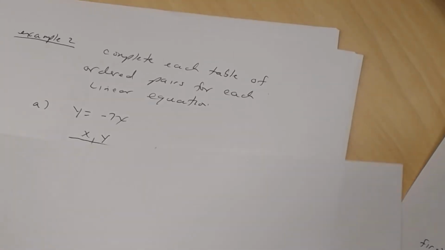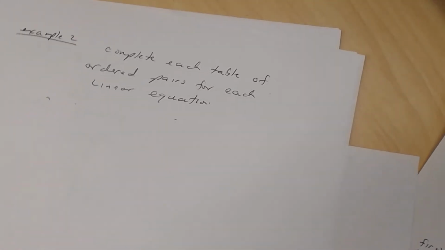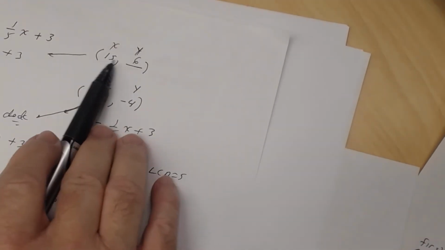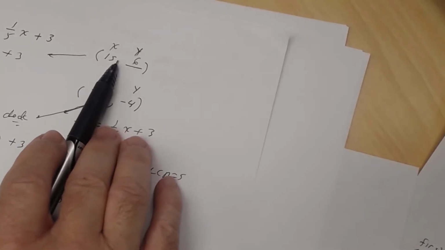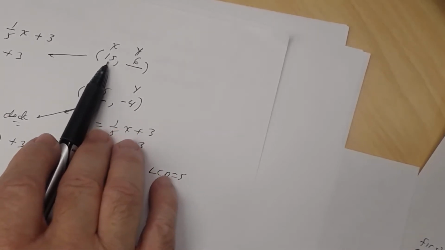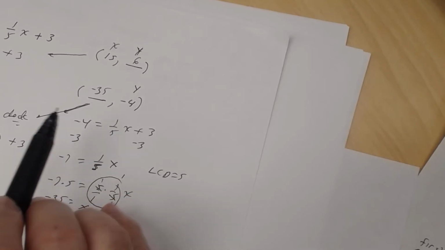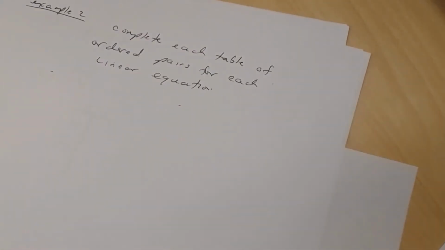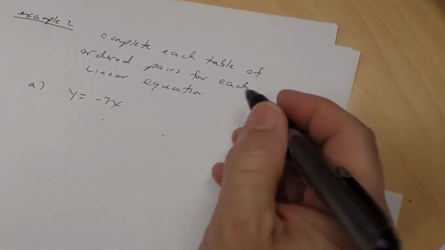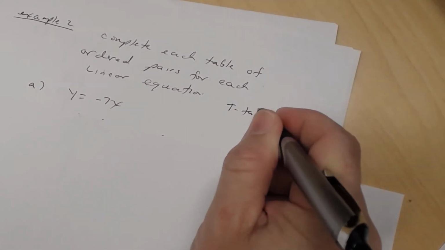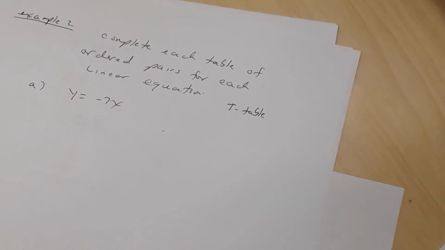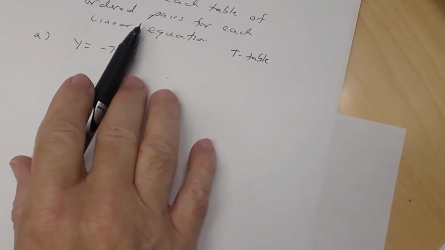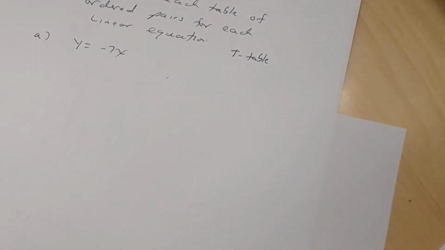Now, the other part, you see right here where you were finding solutions where it was listed as an ordered pair. Okay, so you're going to learn that you can also find the solutions by using a T-table. Just the word T-table. And you're kind of doing the same thing. So you want to complete each table of ordered pairs for each linear equation.